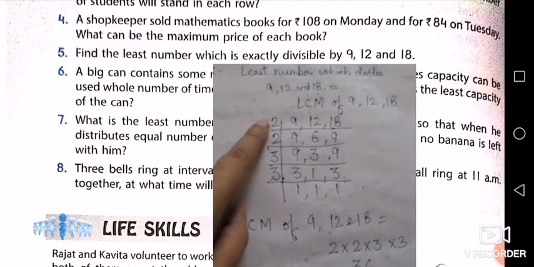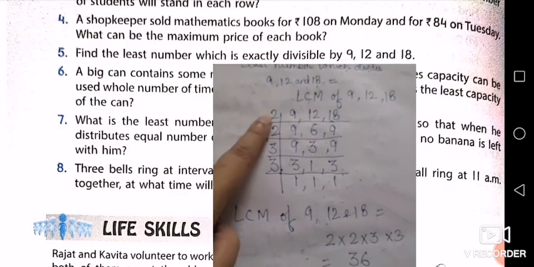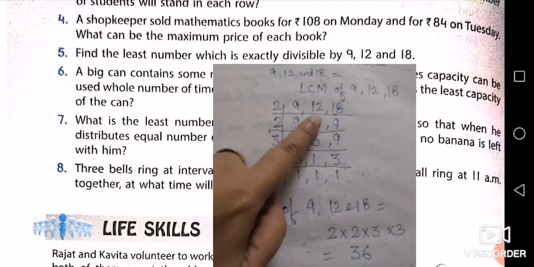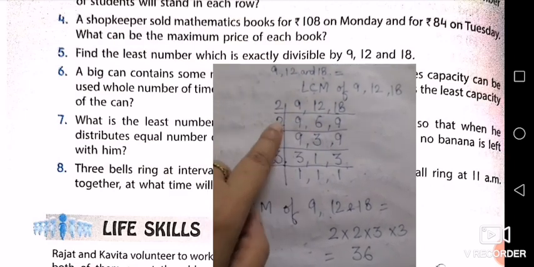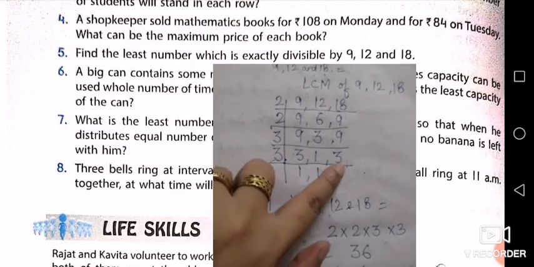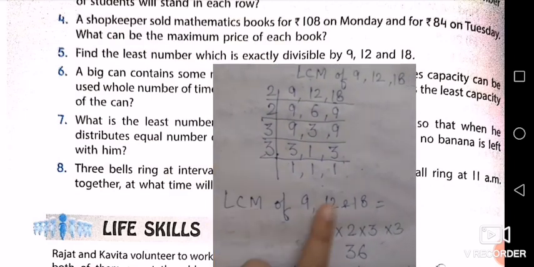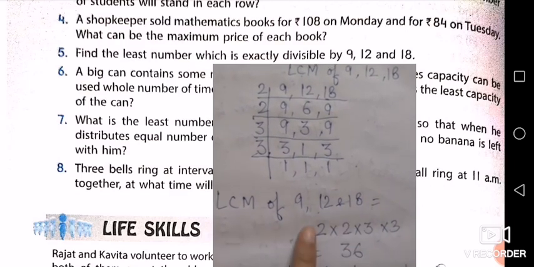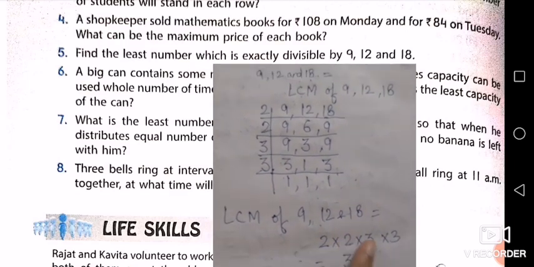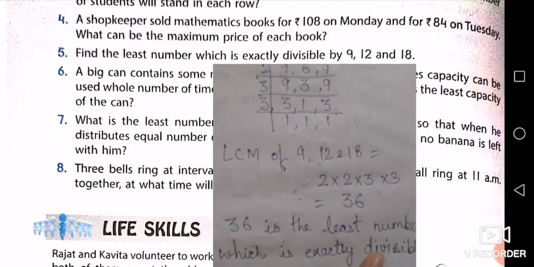We have found the LCM of 9, 12 and 18 by starting the division with 2. Then we did the division 2 sixes, then 2 threes, then 3 ones, then 3 threes, then 3 threes, 3 ones, 1, 1. Here the LCM of 9, 12 and 18 is 2 multiplied by 2 multiplied by 3 multiplied by 3, which is equal to 36.